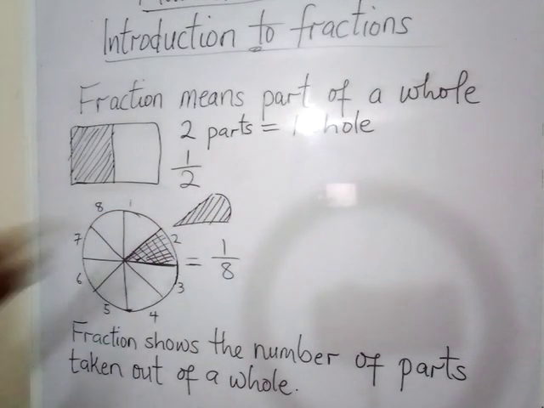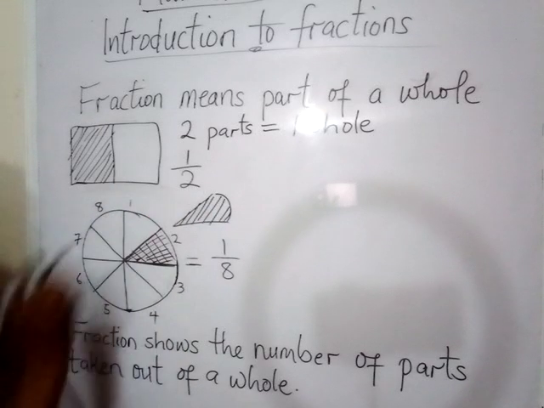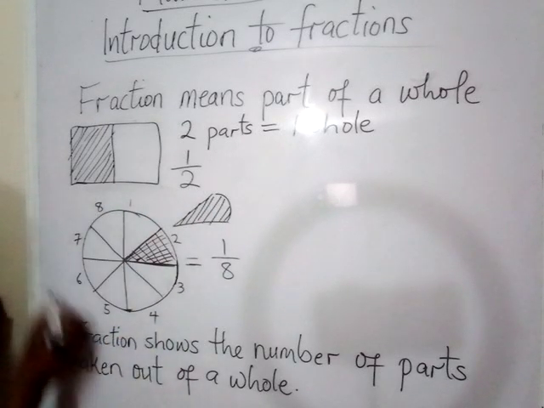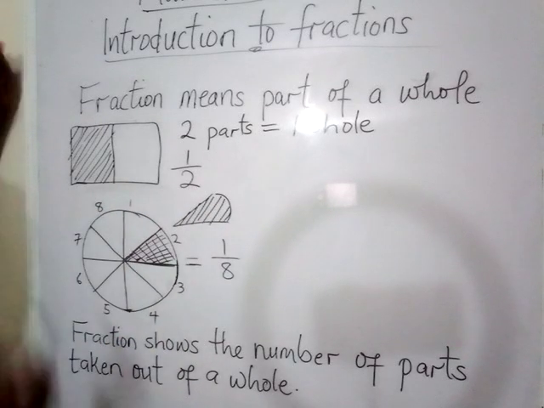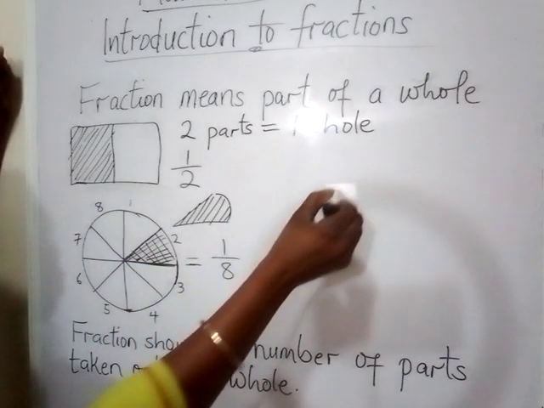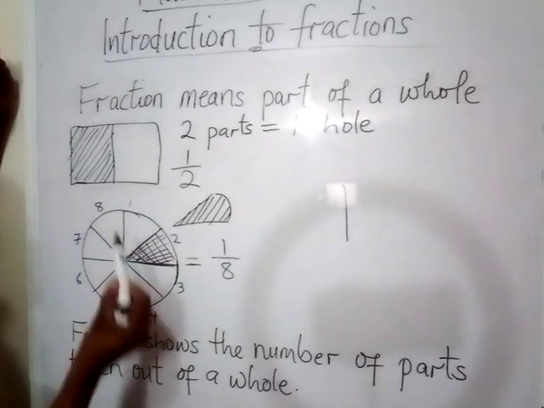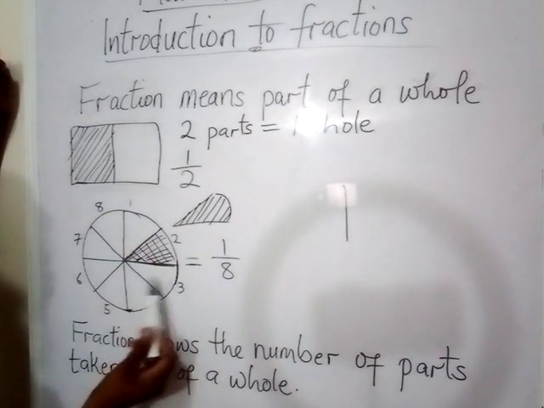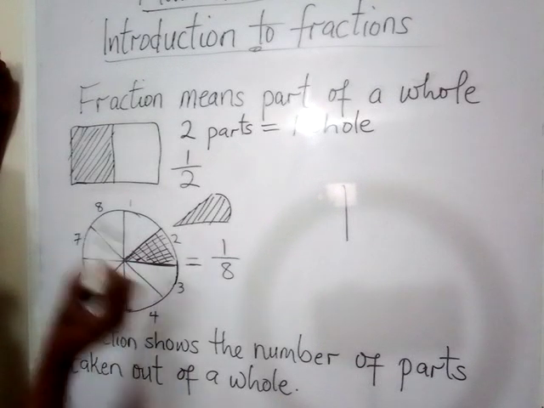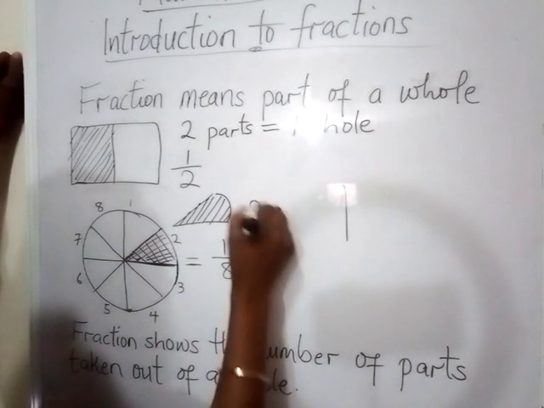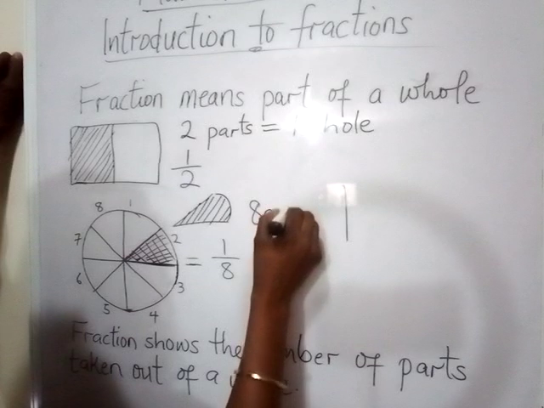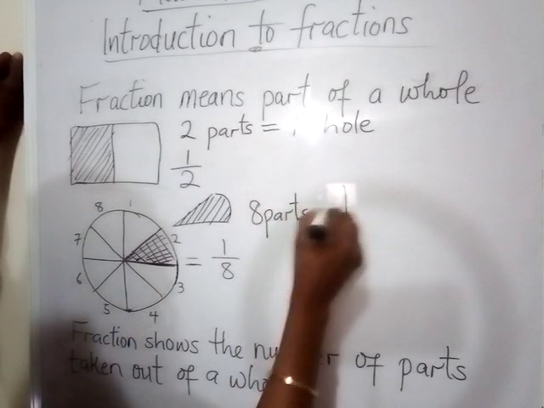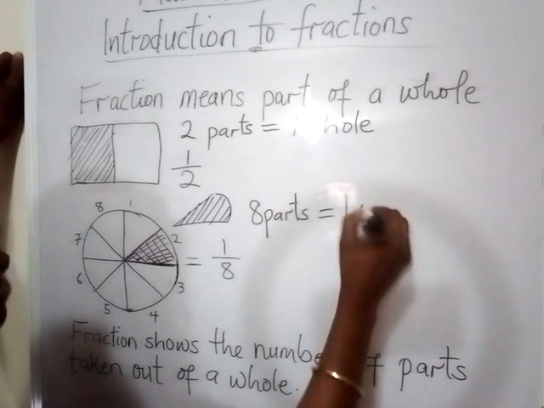Okay, that's the part. This is one part out of 8 parts, because the full pizza, which is one full whole, is shared into 8 parts. In the case of the pizza, 8 parts is equal to one whole.